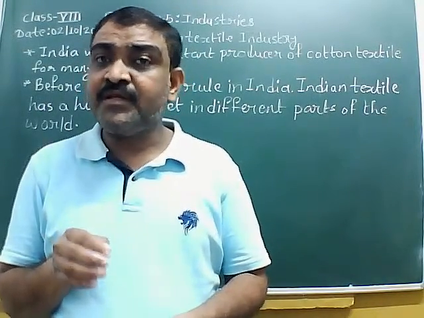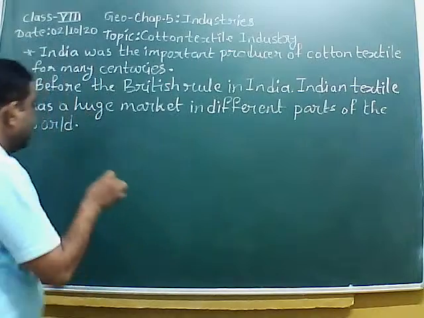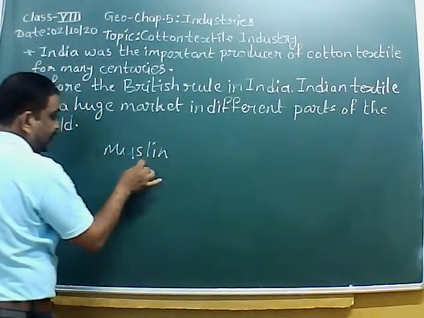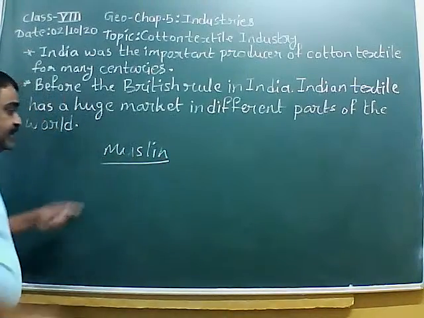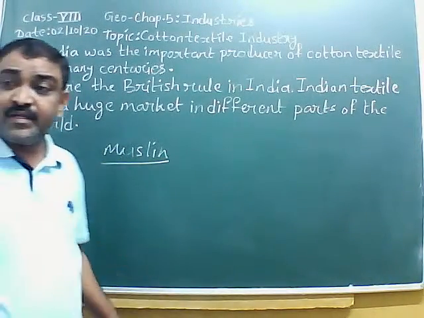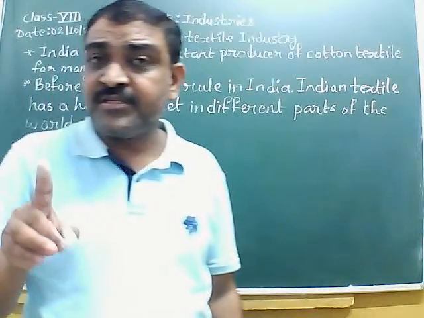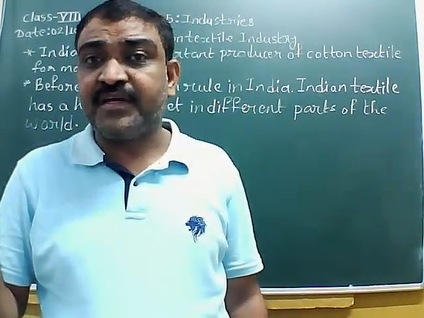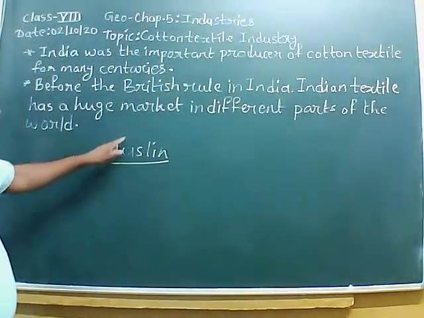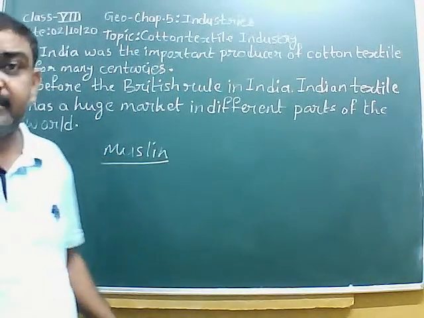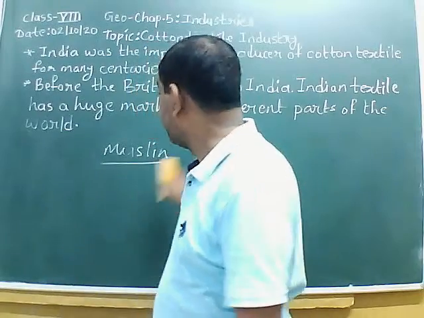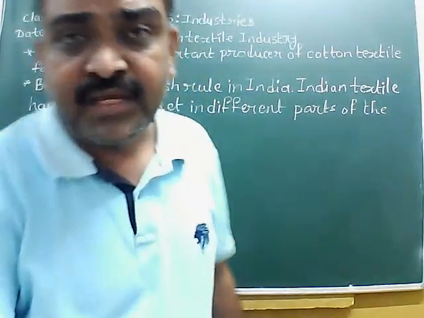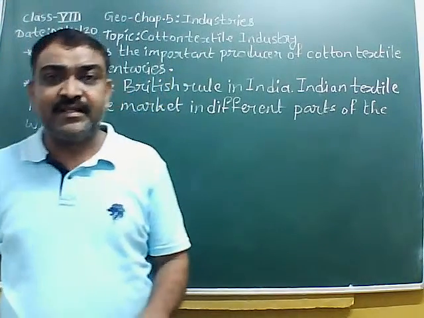Okay, for example, muslin. We have already discussed this term muslin in history, chapter 6, when we were discussing Weavers, Iron Smelters and Factory Owners. So there are different varieties of cloths which are famous by their local names. One such variety is muslin. Muslin is produced in and around present day Bangladesh.